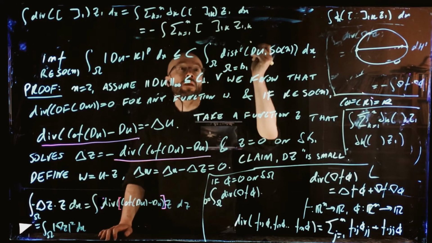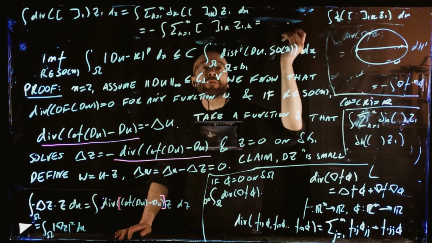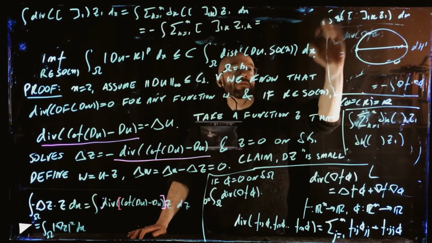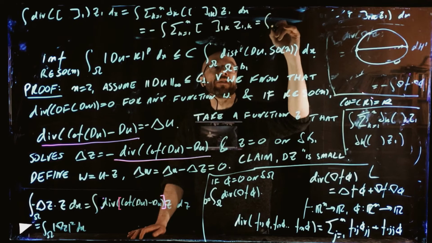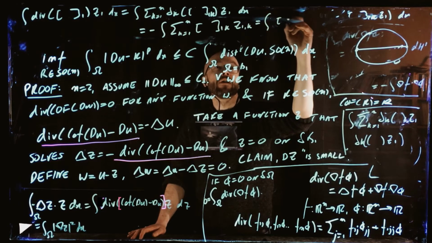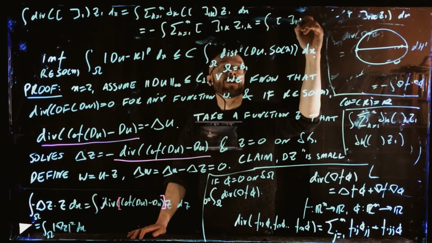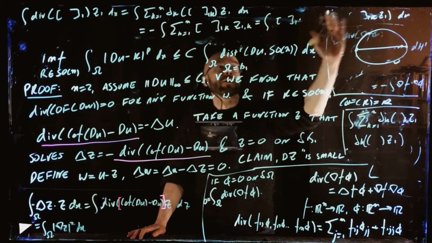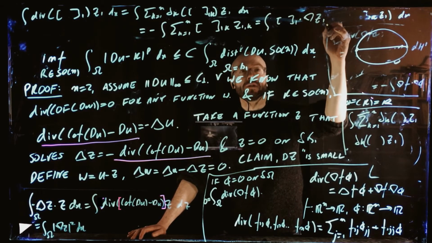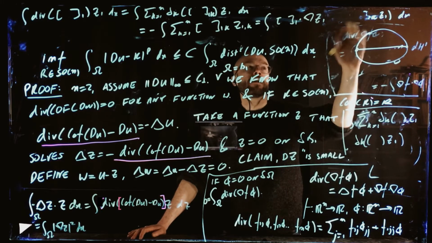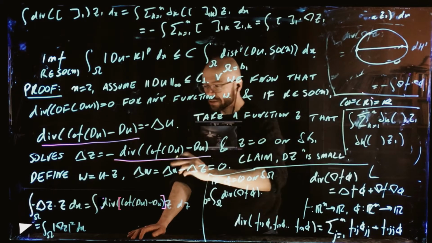But then this is nothing other than the integral of the dot product of the first row with the gradient of the first entry, Z1, like this. Yeah? Cool.